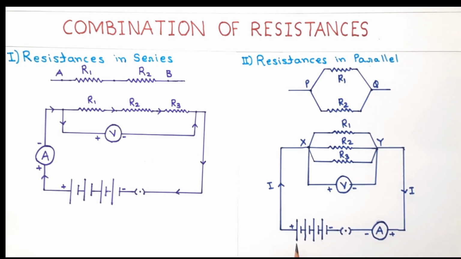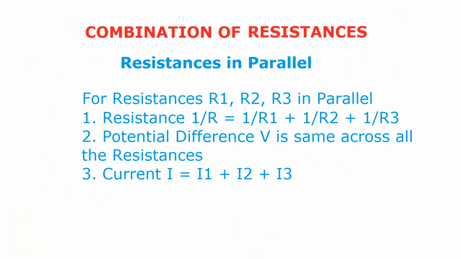The reciprocal of the resultant resistance of resistors connected in parallel is equal to the sum of the reciprocals of all individual resistances, that is 1 upon R is equal to 1 upon R1 plus 1 upon R2 plus 1 upon R3 and so on. Thus, when a number of resistances are connected in parallel, then their combined resistance is less than the smallest individual resistance connected in the circuit.